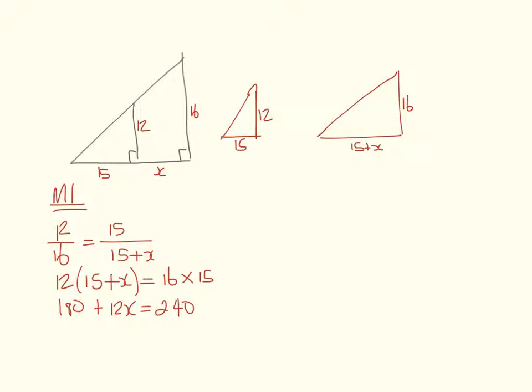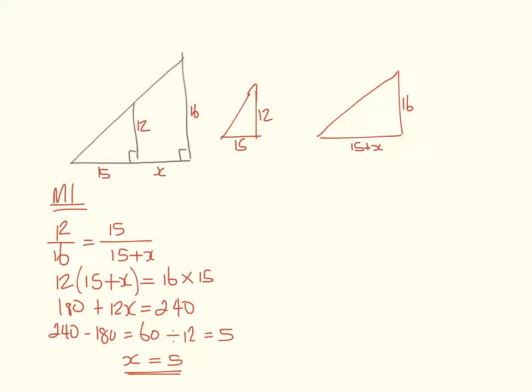So the first thing you do would be your 240, take away 180, which is going to give us 60. And then the thing you did before that was multiply by 12, so now I need to divide by 12. So I divide that by 12, which gives me 5. So I know the value of x is 5. And this is now done.